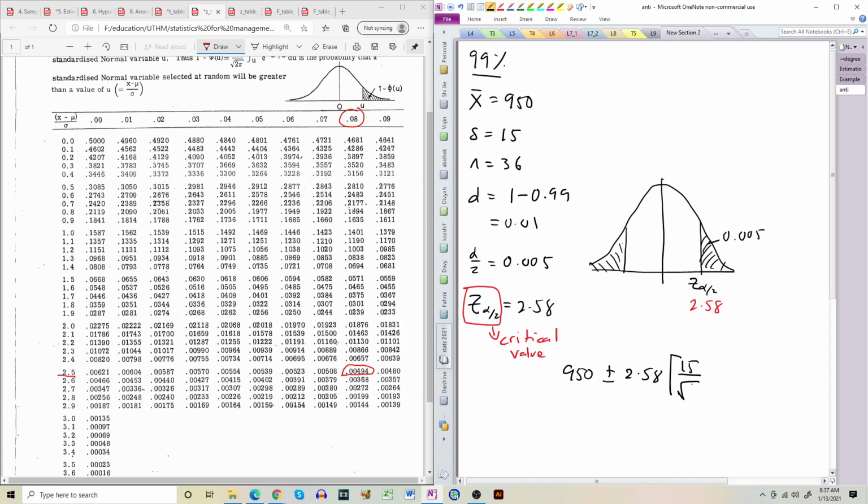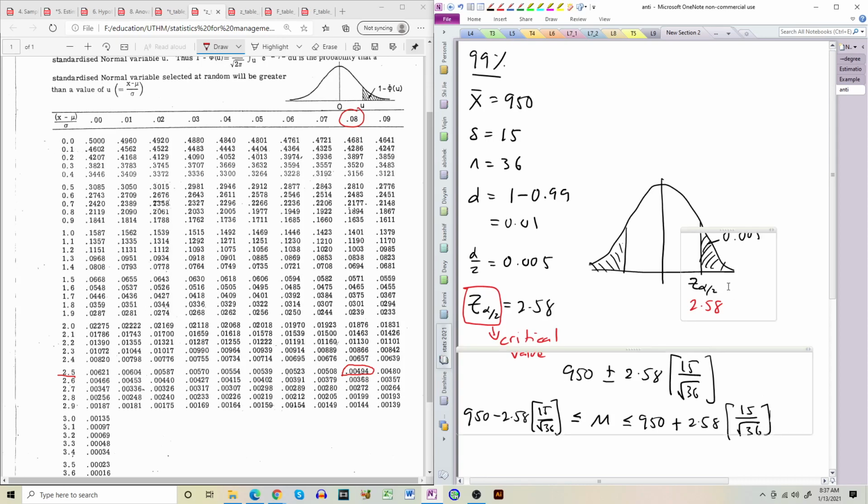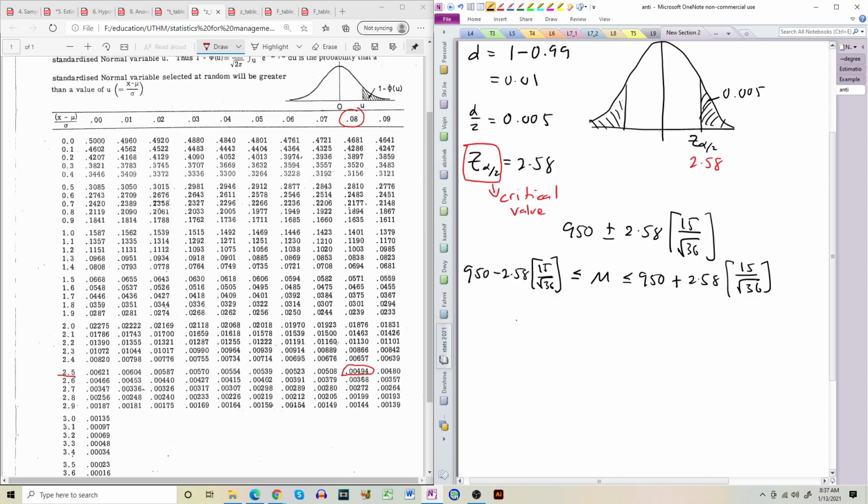So 15 over root 36, 15 divided by 6. So you will get here 943.955.